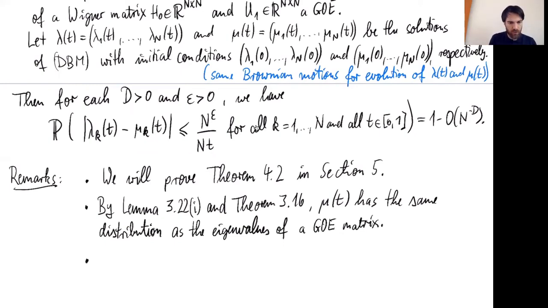And the other thing was about the speed of convergence here, and how large one wants to choose t.